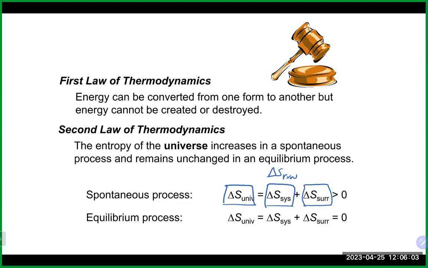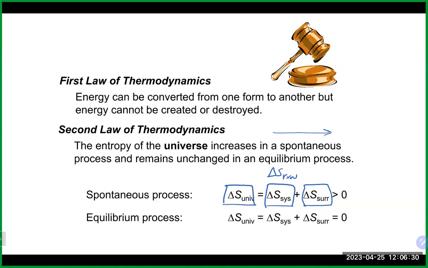So if you calculate the delta S of the system and the delta S of the surroundings, which we will talk about how to do in just a second, and you add them together to get the delta S of the universe, and it is a positive value, then that will tell you that the reaction as it is written should be a spontaneous process, and that reaction should proceed probably as written to the product side.